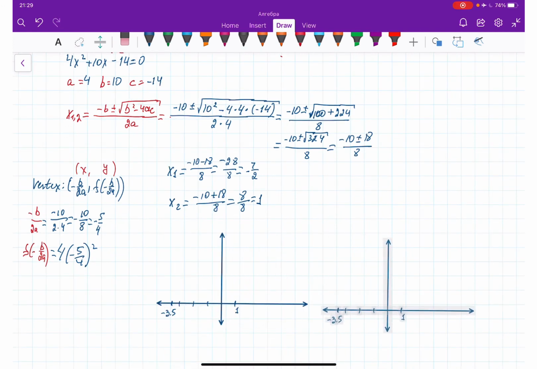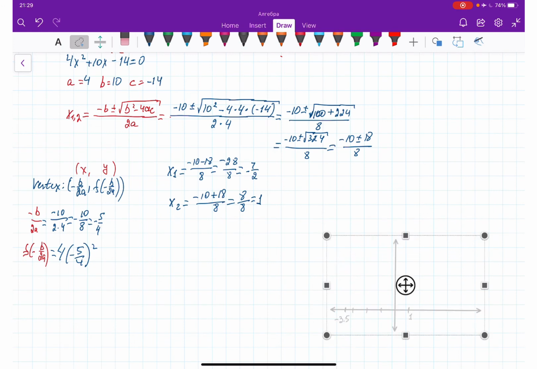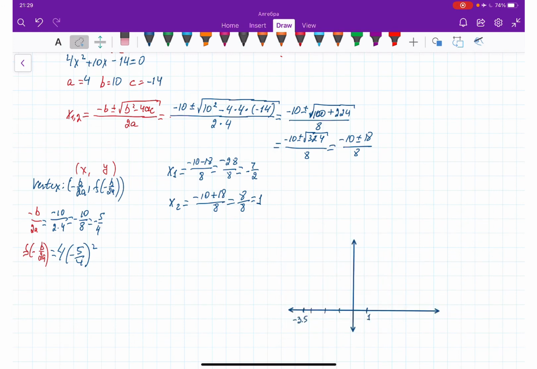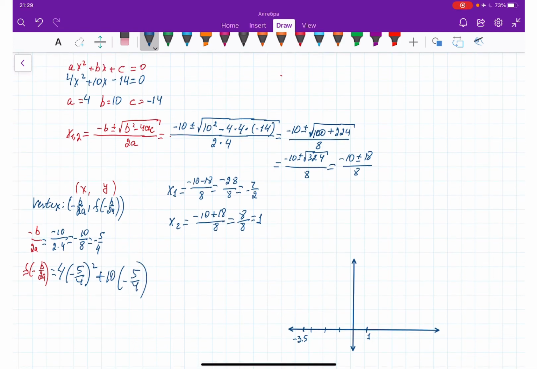Let me move this on this side so we have enough space. Well, I moved too much. Yeah. So, and then plus 10 times x, which is negative 5 over 4, right? We have here what left? Minus 14, right? Minus 14. Let's see how much it's going to be.